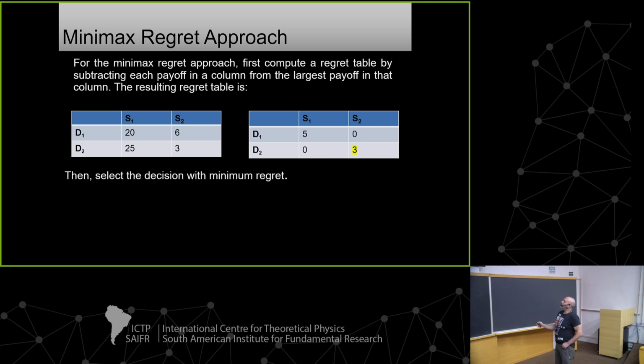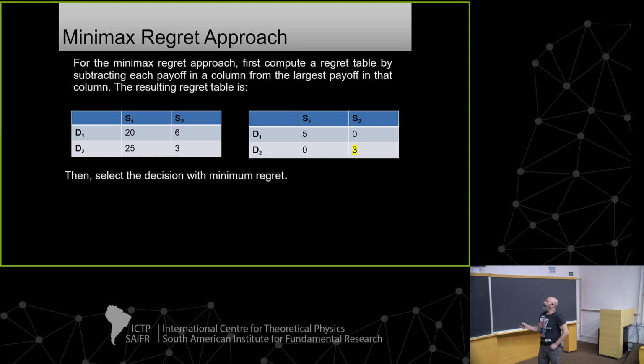Okay, what you do is just to choose the minimum regret. You know that there will be a situation here and here that will be 0. So this is discarded. Okay. What you do is just between these two, you choose the one that has the lowest regret. It's not that you are choosing 3, you are choosing D2. Okay? But D2 has a minimum regret in this situation.